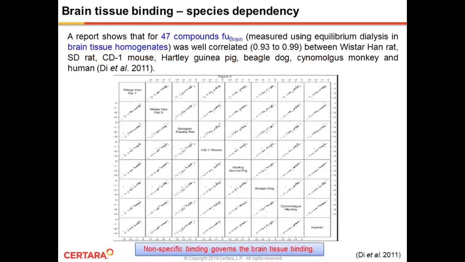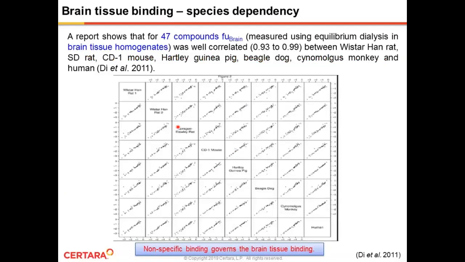When you're talking about the binding of the drug to the different brain constituents, this is one reference from Leedy from Pfizer. What you need to know from this is that you should strive to get binding of your drug in the species of your interest, but it is not possible every time to get that data.